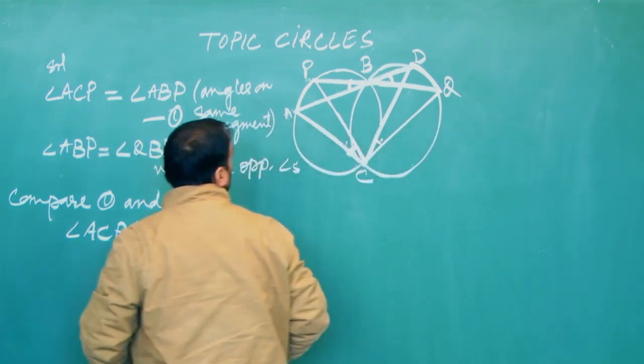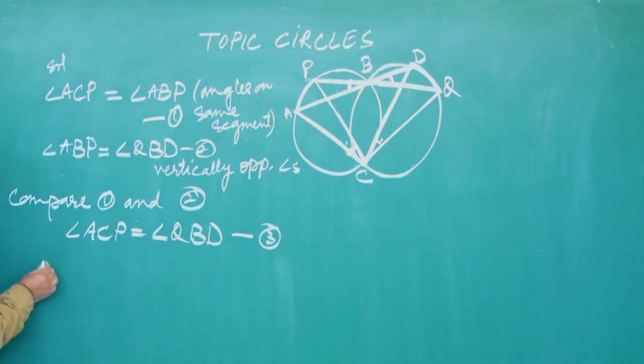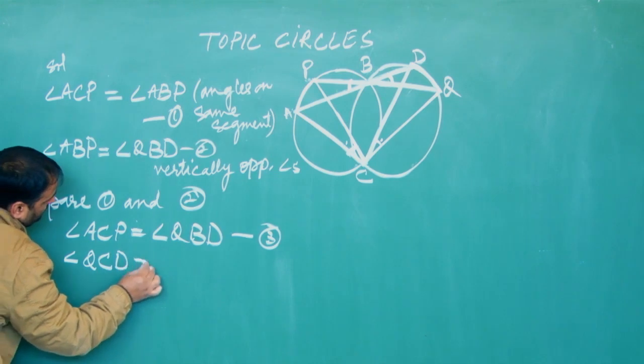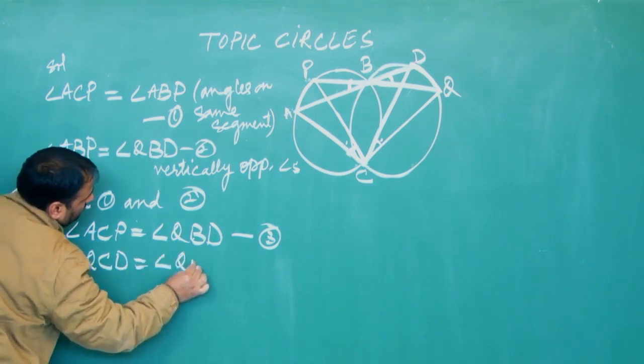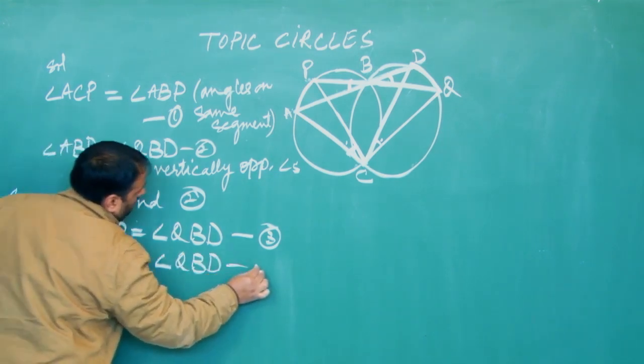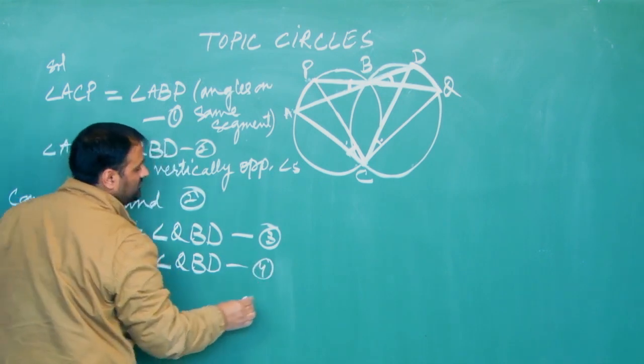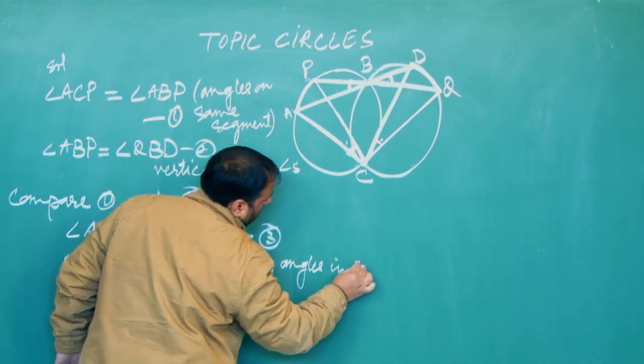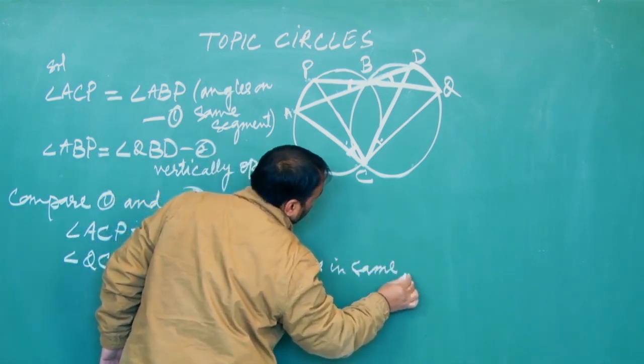So, now we can write angle QCD is equal to angle QBD. Put as equation 4 and write reasons, angles in same segment. And the same segment is QD.